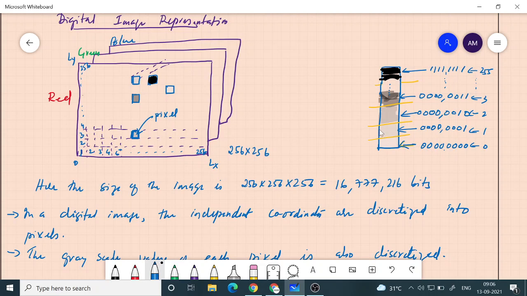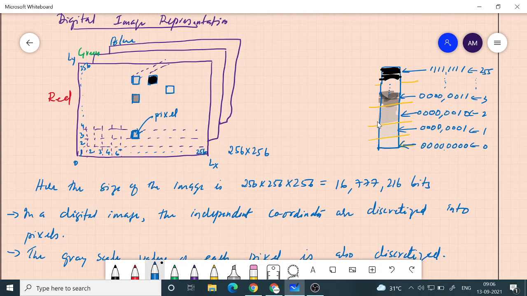Of course, we may be able to distinguish maybe some 50 levels across, but between successive levels they are almost the same, with only a slight difference in brightness.